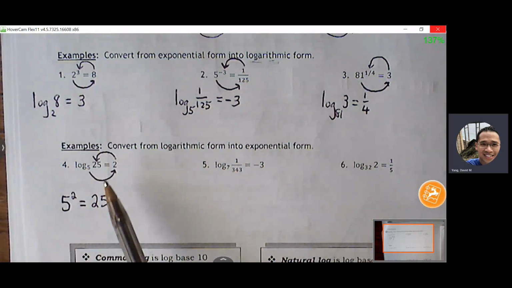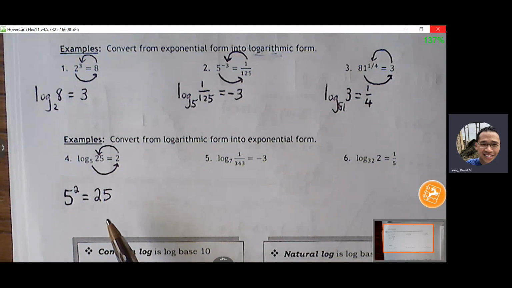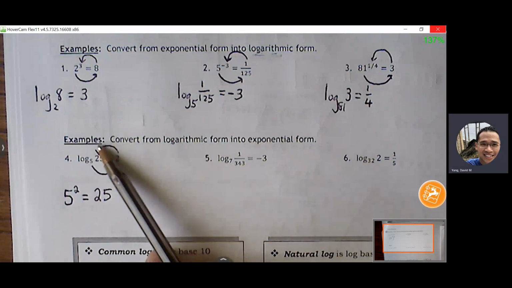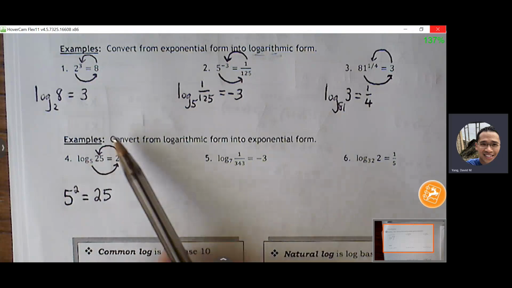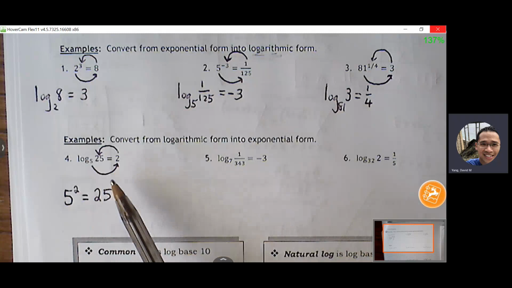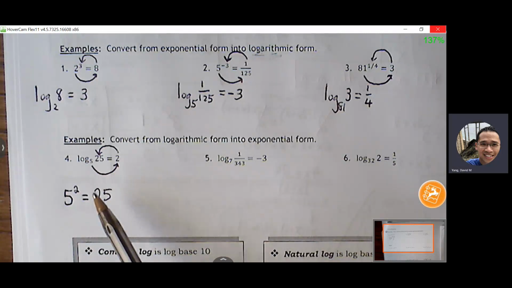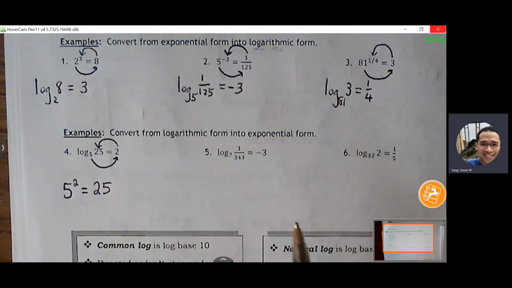So once you get from log form to exponential form, it becomes a lot more familiar to our eyes, right? 5 squared equals 25, like that makes sense to us, right? But this feels abstract, but we just have to be able to work in this world here. But knowing that you're just a minute away from getting to exponential form, so sometimes we like to go back and forth just to get our bearings down a little bit.